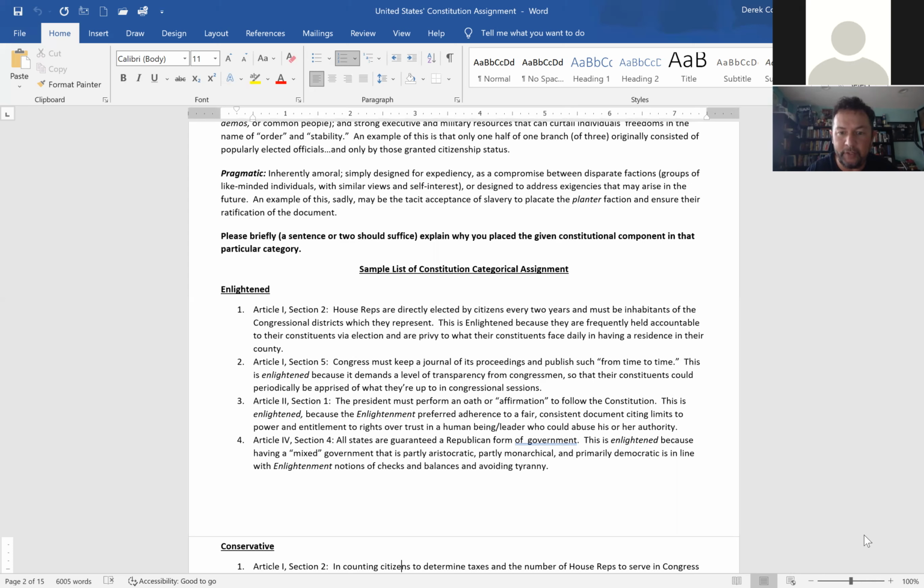You know what I mean? So give me four examples of enlightened sections of the Constitution, four examples of conservative sections of the Constitution, and four pragmatic sections of the Constitution. Okay, that makes sense. That was my question initially too, what I was going to ask. Okay, that clears it up. Perfect.